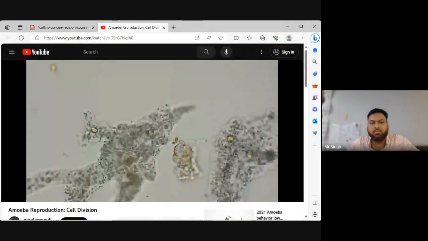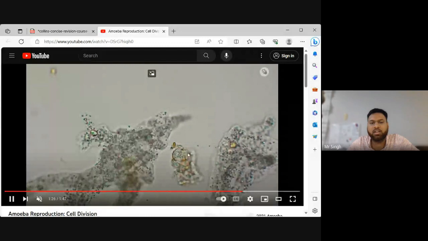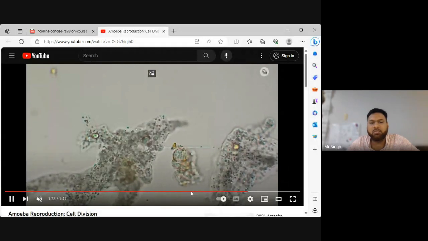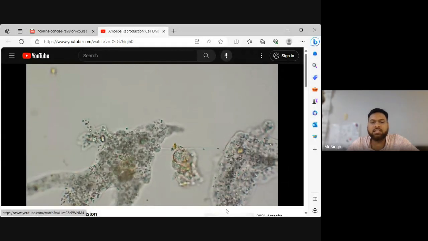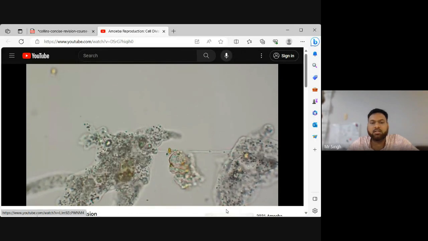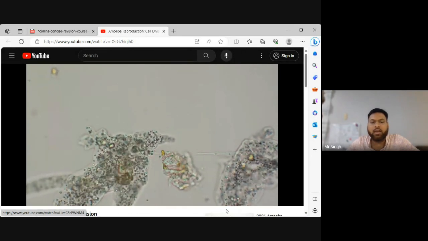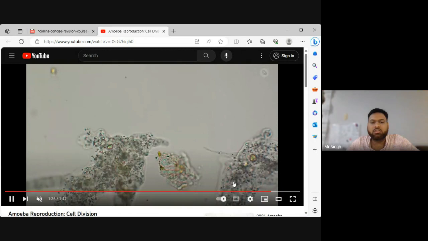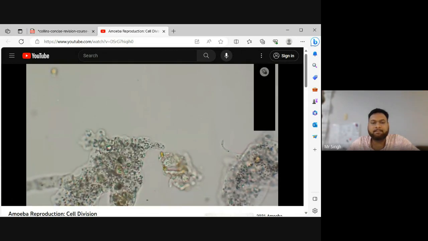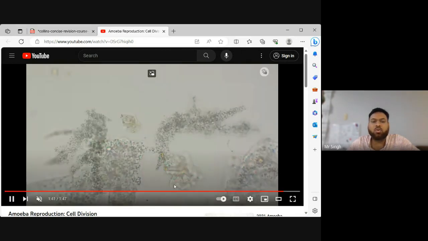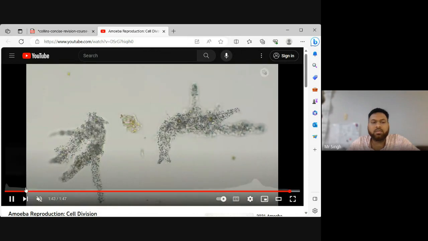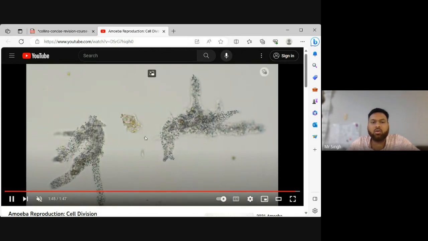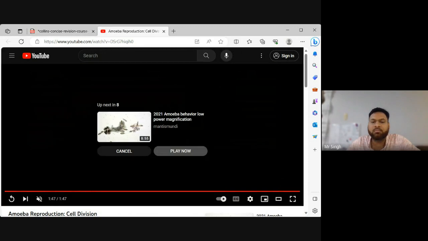The microscope has focused there, and we're seeing it pulling away. Just one little piece is remaining, right? So this is asexual reproduction, where the two separate. Everybody see it? We started with one organism, and that organism split into two.